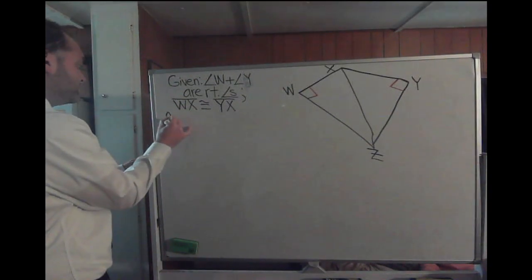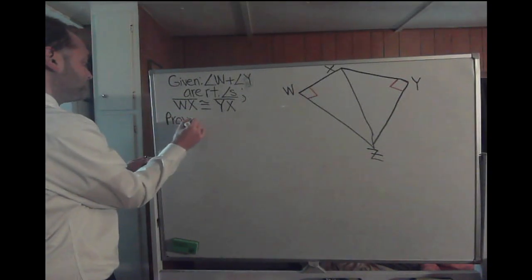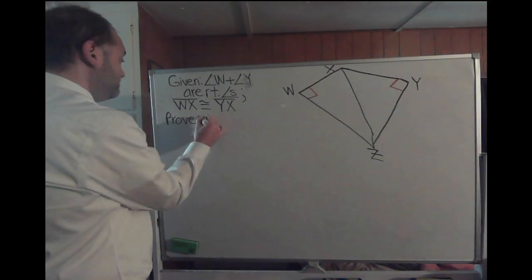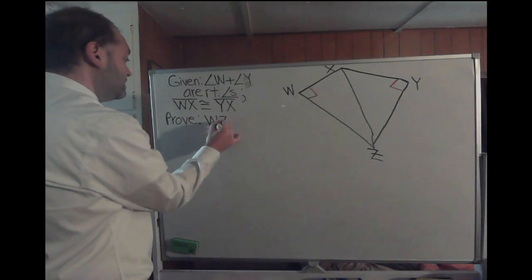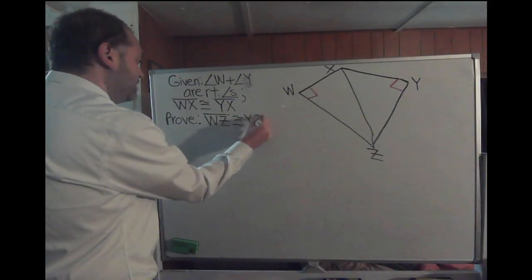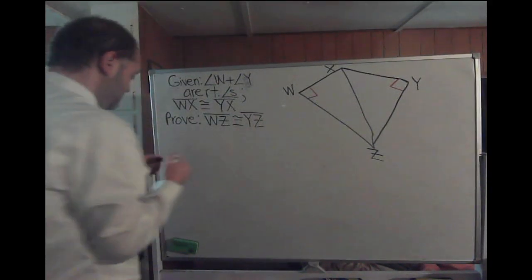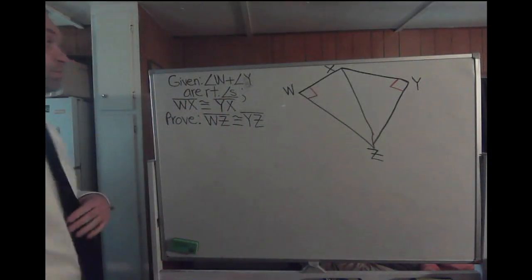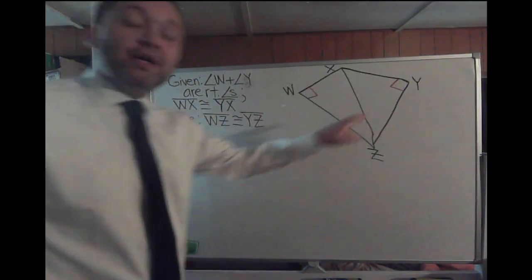So what we have to prove here is that WZ is congruent to YZ. Okay. So we got two right triangles side by side.